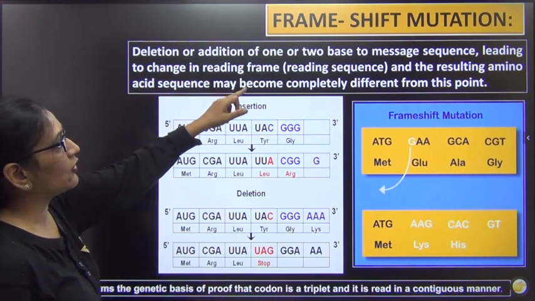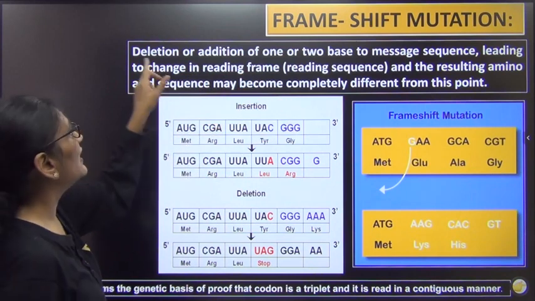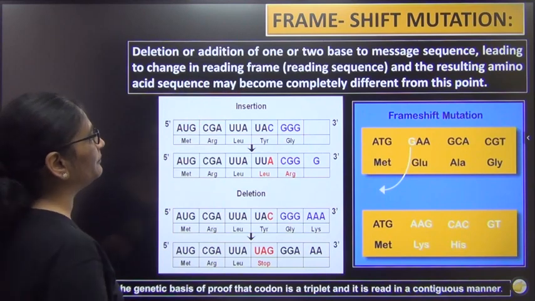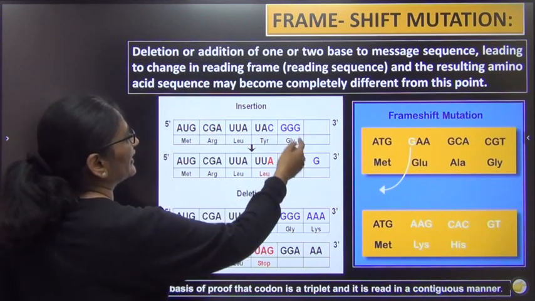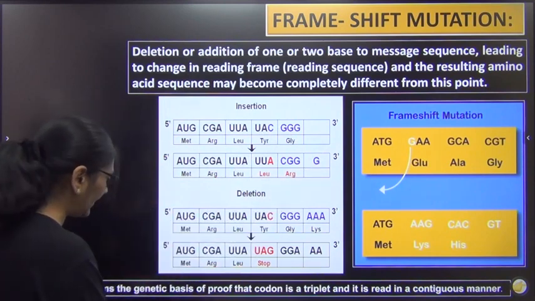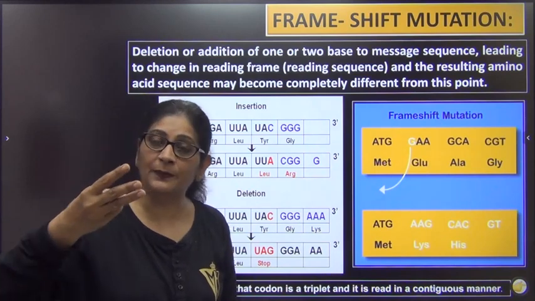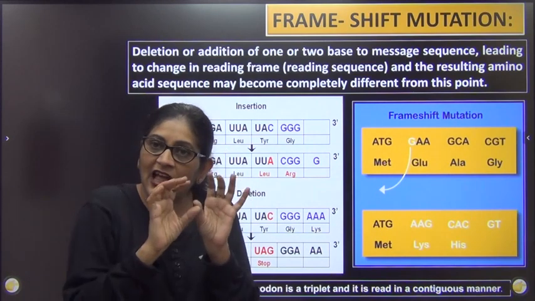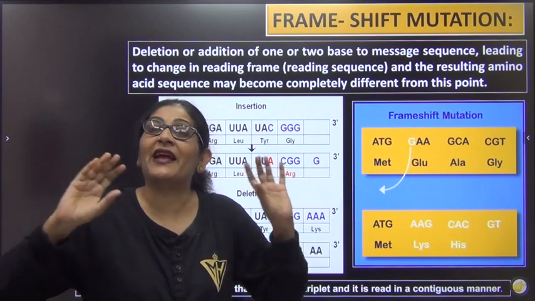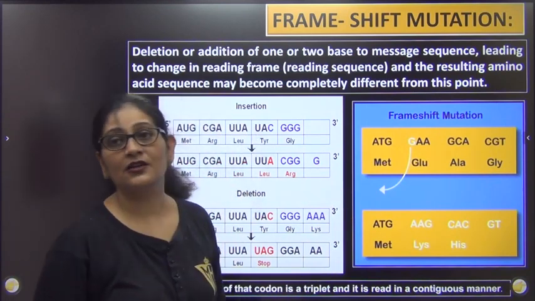Deletion or addition of 1 or 2 bases to the message sequence leads to change in the reading frame. जहाँ add करेंगे उसके आगे का reading frame will change entirely from that point. Since only addition and deletion of 3 or multiples allowed the amino acids to remain same except few were added or deleted, this proved that genetic code is triplet.